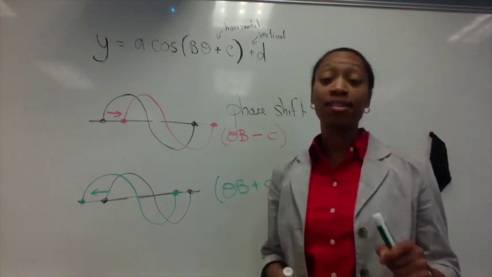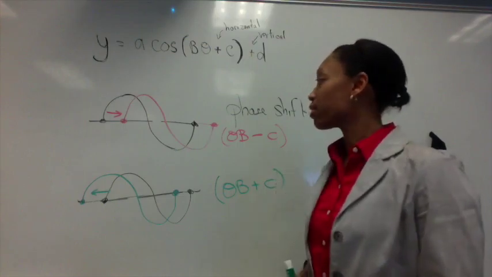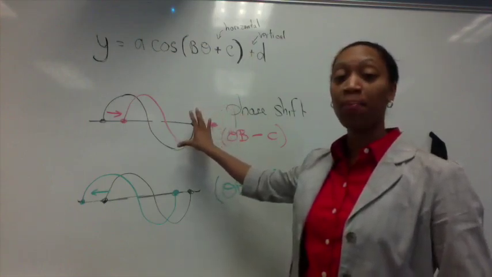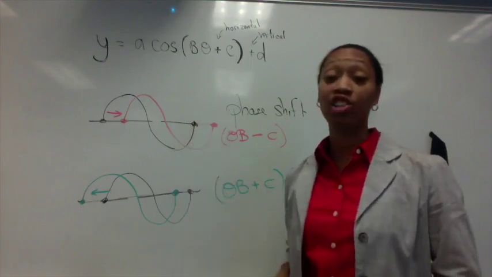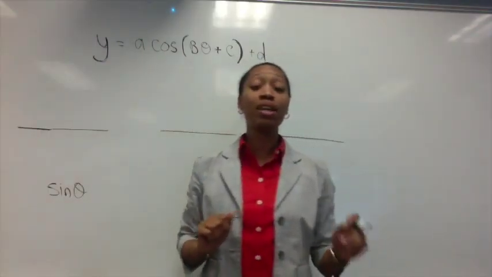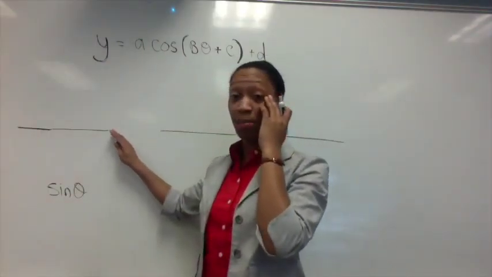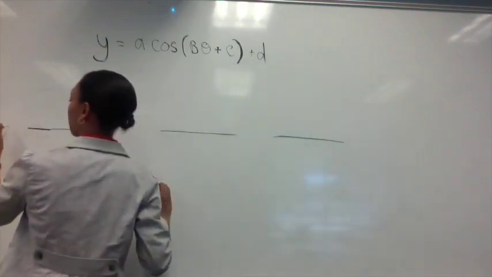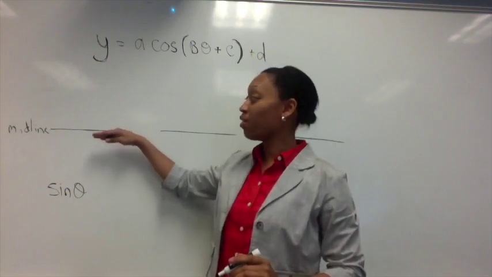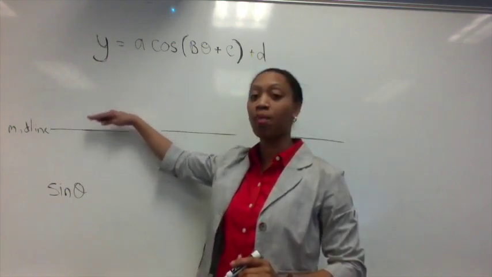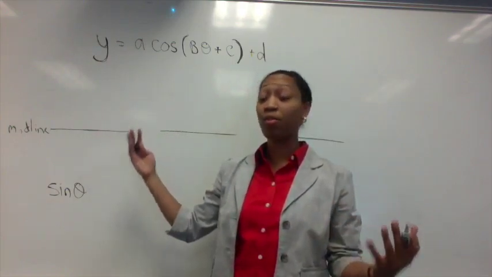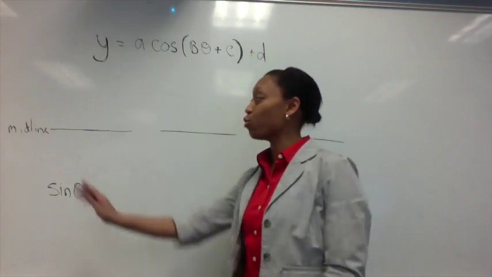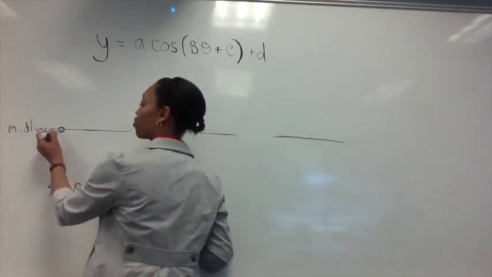So now the next question is, how do I graph these? Because it looks like the shape that I've drawn here, this is the sine shape. So we've already learned how to draw the shape of a sine wave. First you have to find your midline, okay? And the midline could be on the x-axis or it could be moved up or down. You have to find wherever that is. And then you're going to do your shift, so you have to find out where you start.